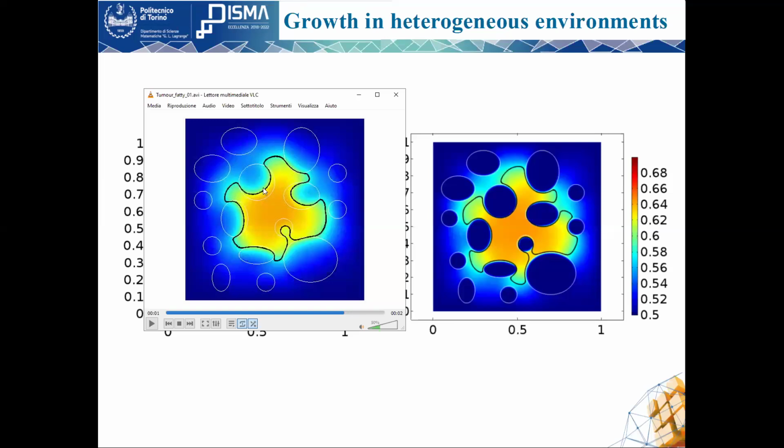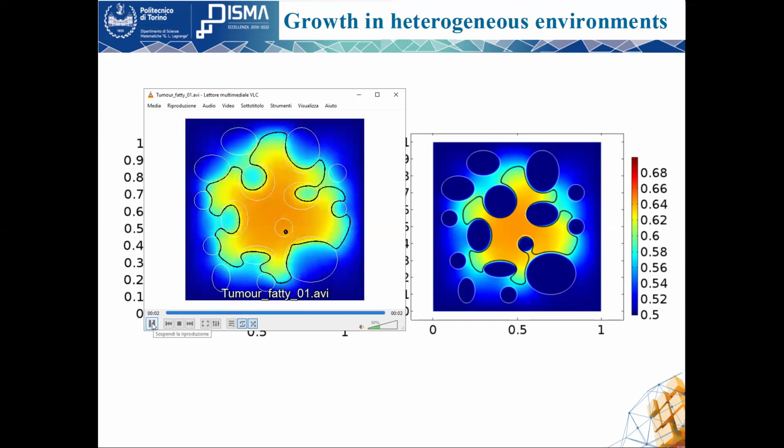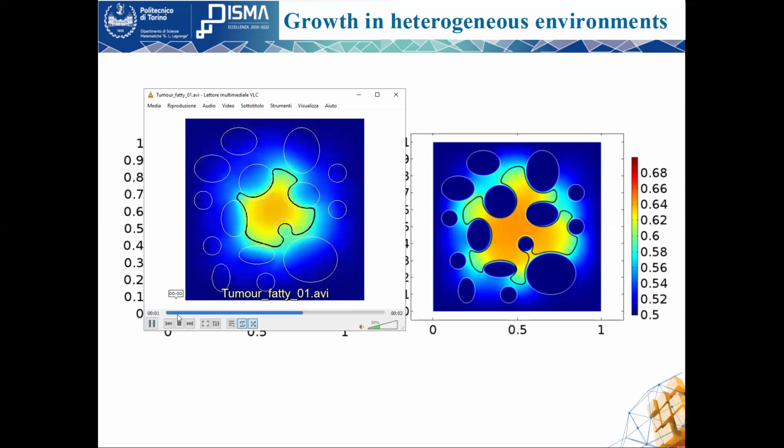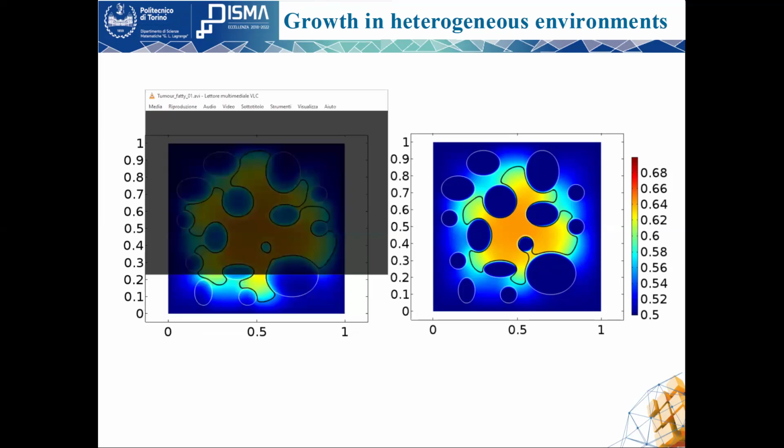Of course, they will penetrate because these are not forbidden regions in that sense, but they will penetrate them more slowly. And this is what you get. So heterogeneity in the tissue will lead not to a spherical growth, but to a growth that is more, say, dendritic.